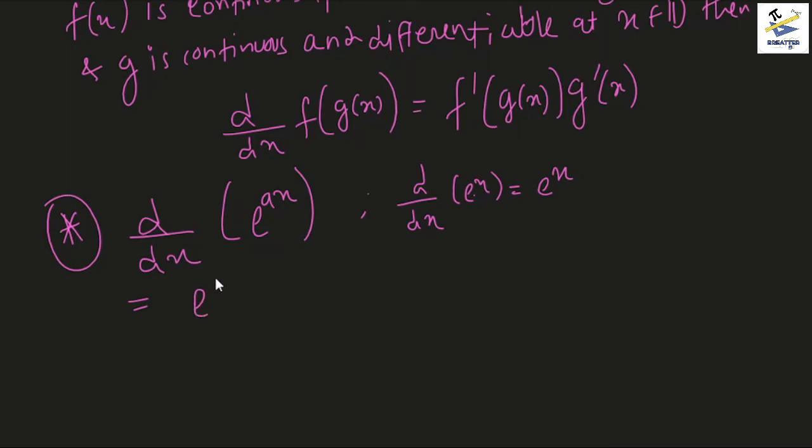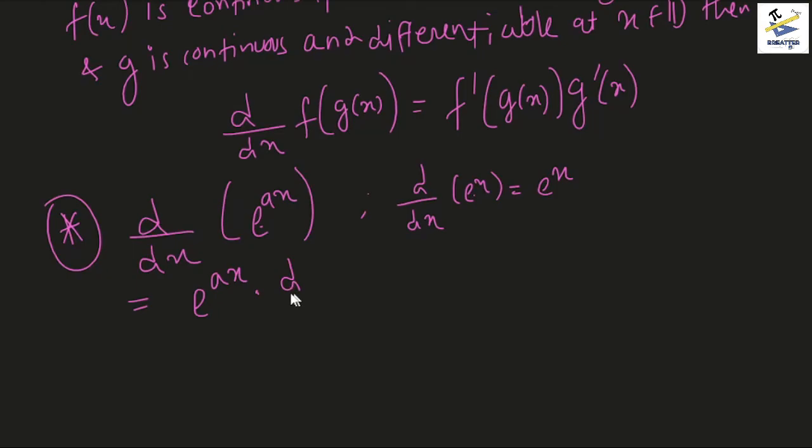That is, the answer should be whatever is given, so e to the power ax. So pretend as if this function was e to the power x only and write the whole function down. But then multiply it with the next level of the function where the anomaly is present. It should have been e to the power x, but it isn't. What is there instead of x? It's ax.